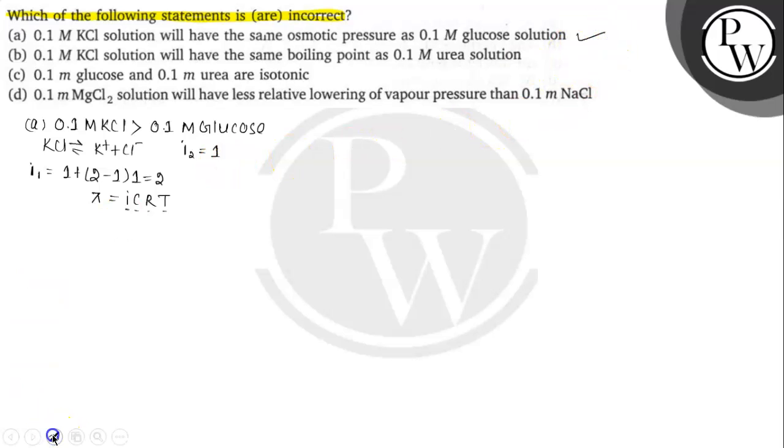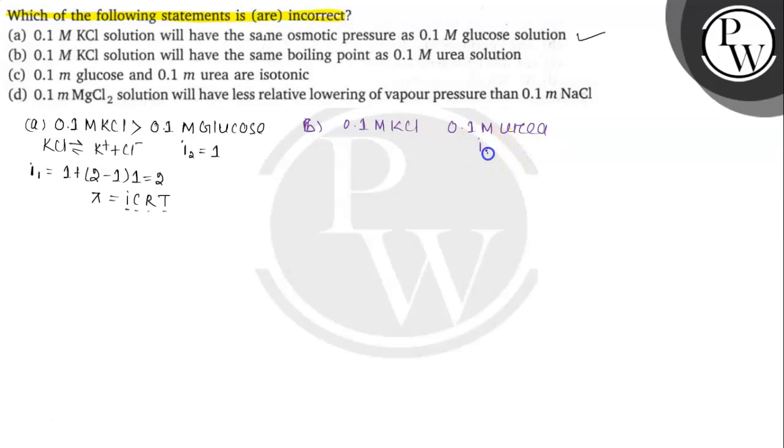Now option B. Option B is 0.1 molarity KCl and 0.1 molarity urea solution. So urea is a non-electrolyte.